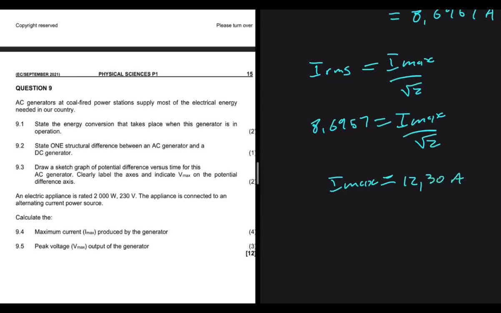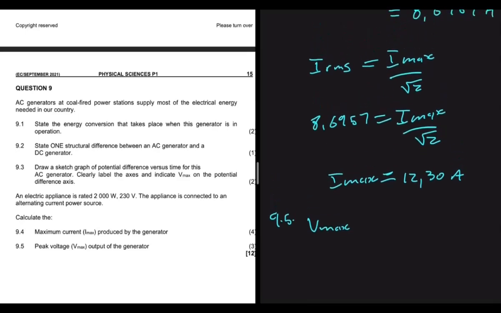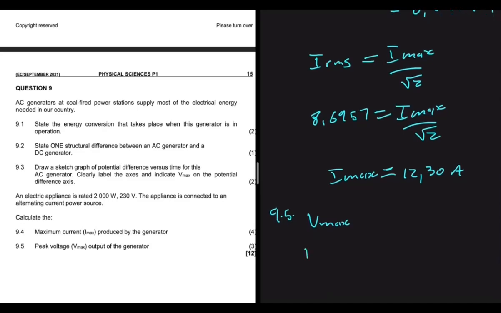12.30 amps. And then 9.5 says, let's find the peak voltage. So we're looking for Vmax for the output of the generator. So what's the relationship between VRMS and Vmax, right? Very similar to IRMS and Imax. So we're saying that VRMS will be equal to Vmax divided by the square root of 2.